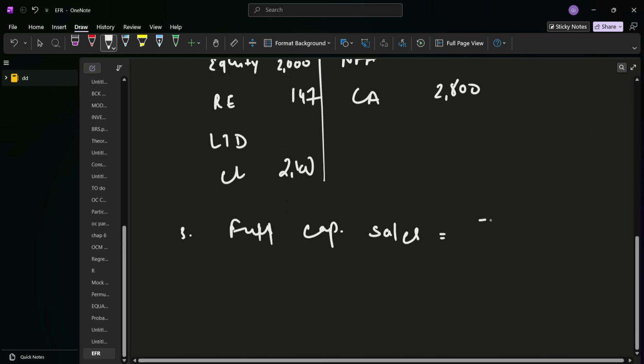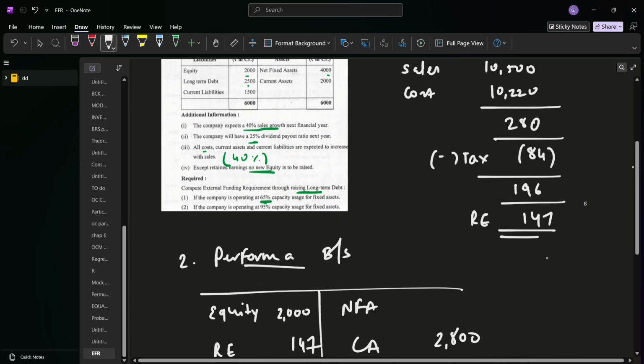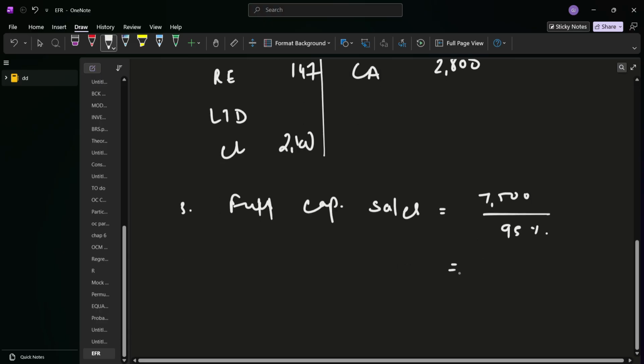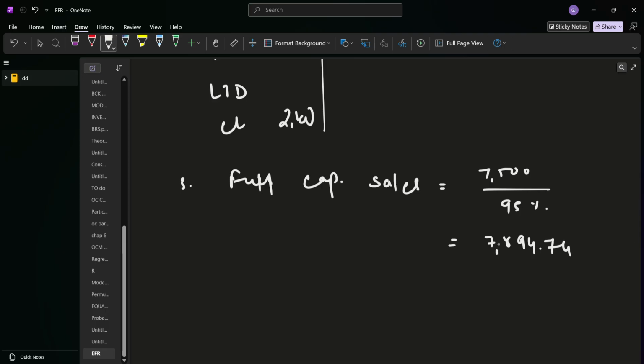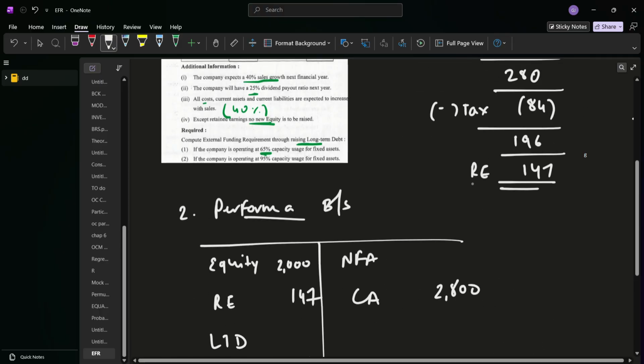That will be simply 7,500 upon 95 percentage. That is 7,894.74 approximately. So basically, at 100% capacity, if we use our assets to the fullest, we shall be generating a revenue of 7,894.74.